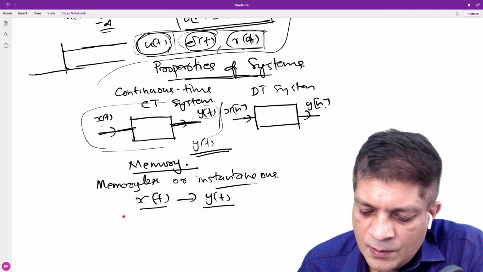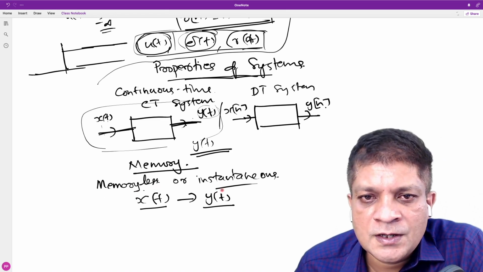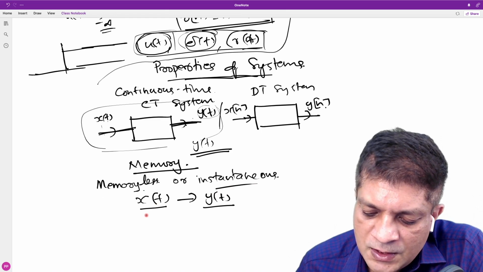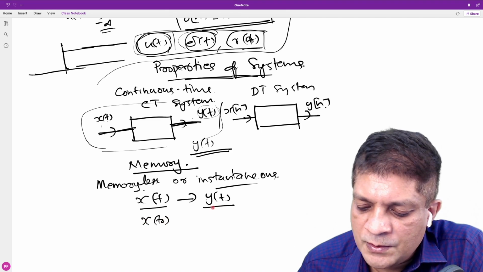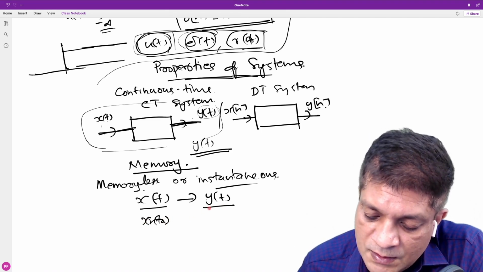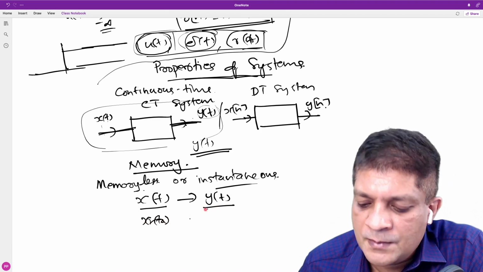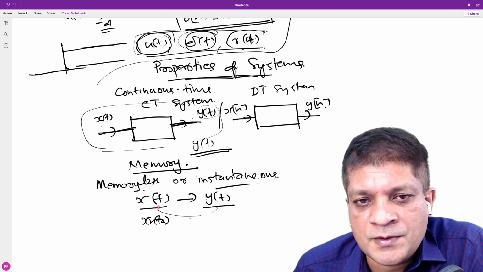Now, a system is said to be memoryless or instantaneous if the output of this system at any instant of time depends only on the value of the input at that particular instant of time.